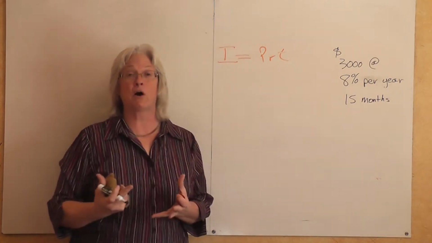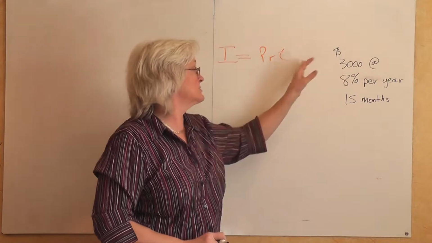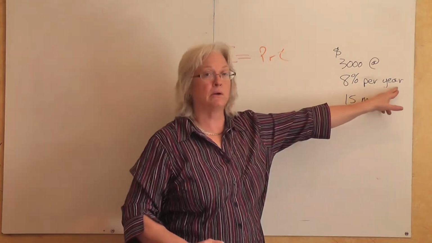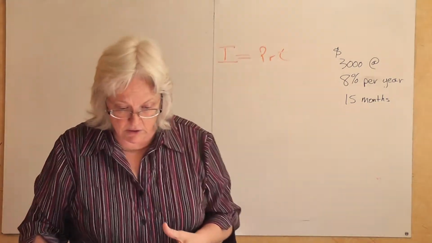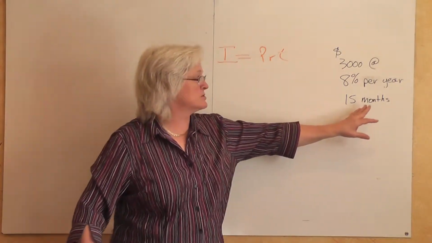Okay, so we have our problem given to us. We have our principal, it's $3,000. We have our rate, it's a percentage per time period, which is year. And we have the time that we are going to borrow the money, but it's in months.